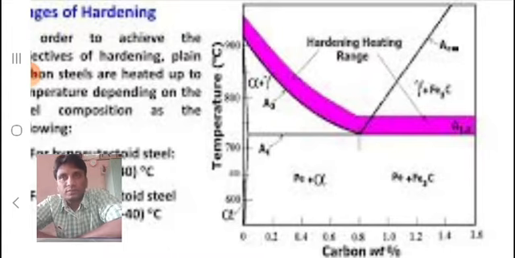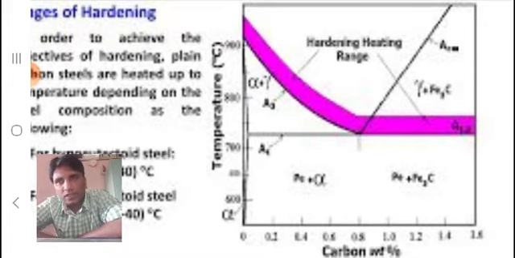By doing this, whatever hardness we get, see, hardness is directly related with the microstructure. Bainite microstructure will have a specific hardness, martensite will have a specific hardness, and perlite will have a specific hardness.